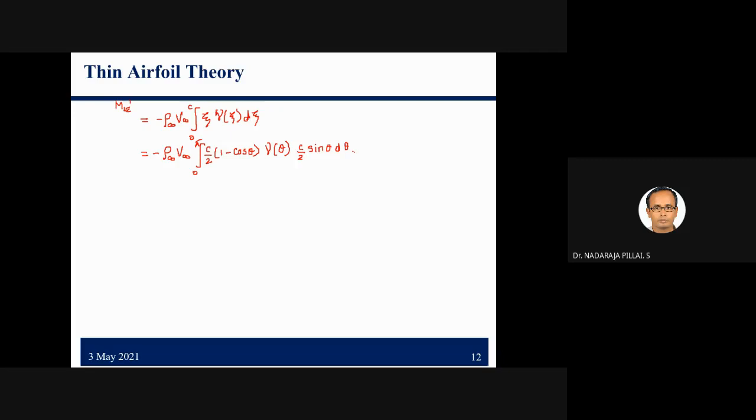Because in the last discussion we have made zeta equal to c by 2 into 1 minus cos theta.